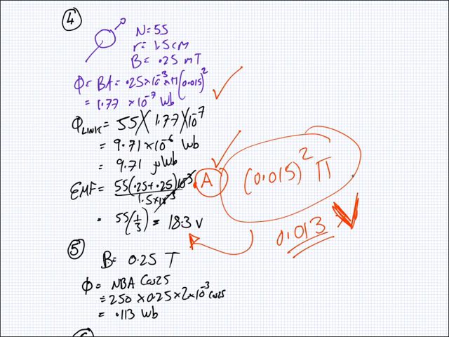So it's 0.25, minus minus. Also, where's the 55? Oh, they're using the previous answer. Oh, you're right. They left out the 0.25 and I left out the area.